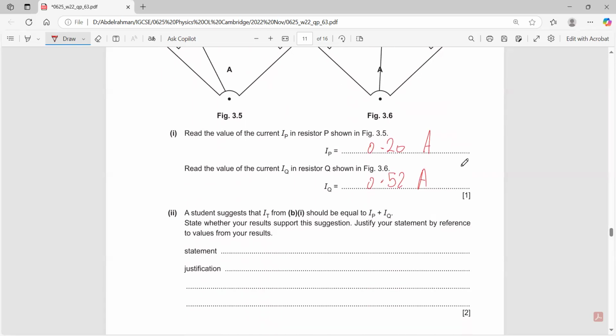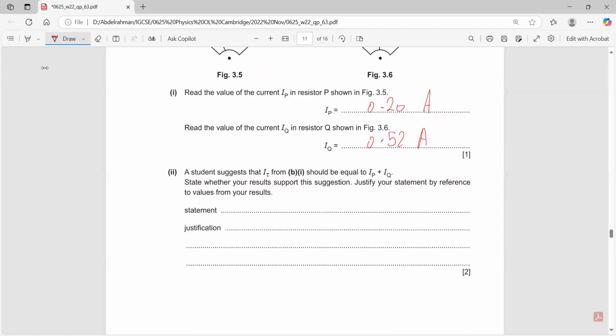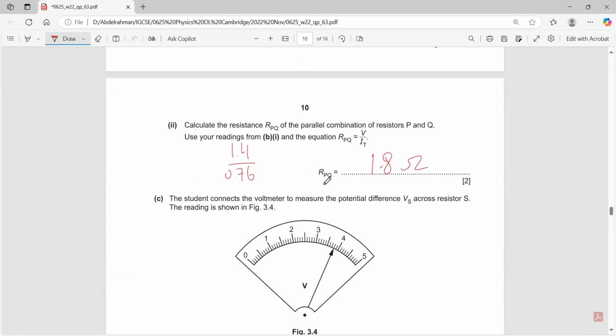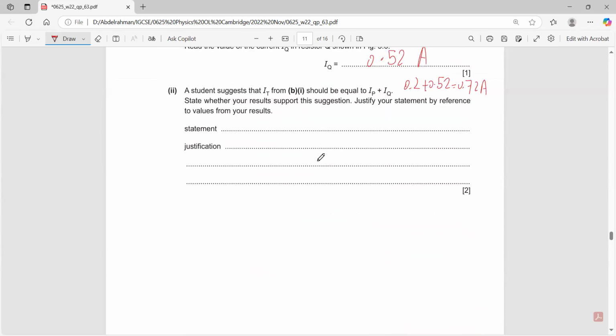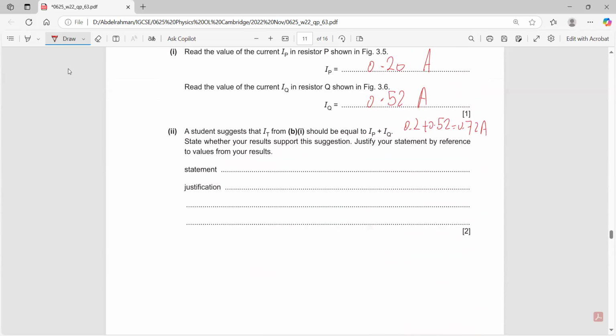The student suggests that IT should be equal to IP plus IQ. Let's see if this suggestion is correct. What is IP plus IQ? This is 0.2 plus 0.52, which is 0.72 amps. Is this the same as IT? IT was 0.76. Are they close? They are close. Are they within the limits? We need to calculate. 0.76 divided by 0.72 is 1.05 or 1.06, about 6%, definitely within the limits.